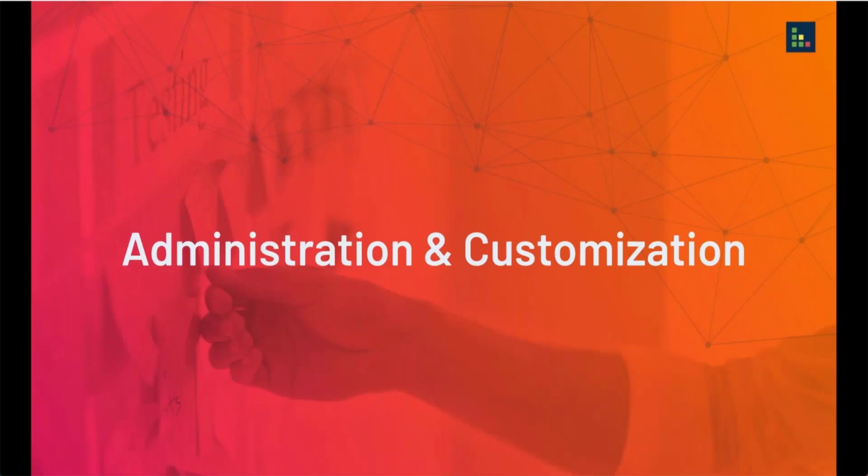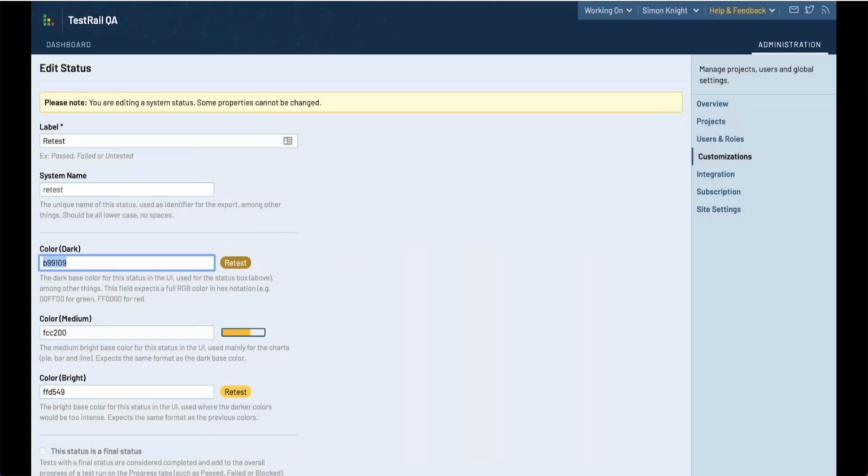Now let's talk about some of the customization options. While the testing workflows are by far the most powerful part of TestRail, most teams also say TestRail was the right test management tool for them because of how customizable it is for their specific workflow. Almost every field inside of TestRail is customizable.